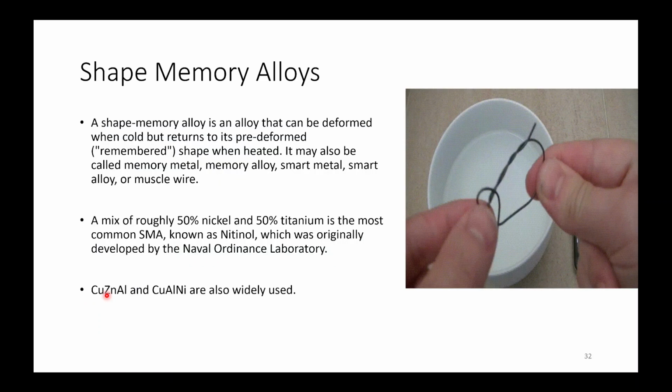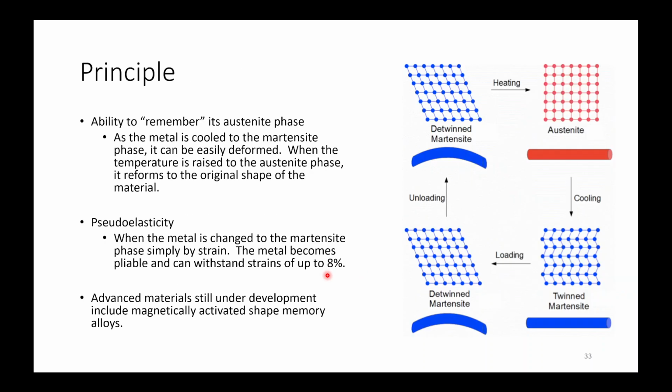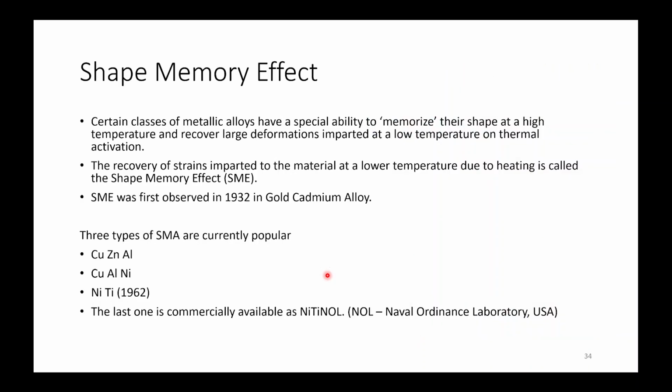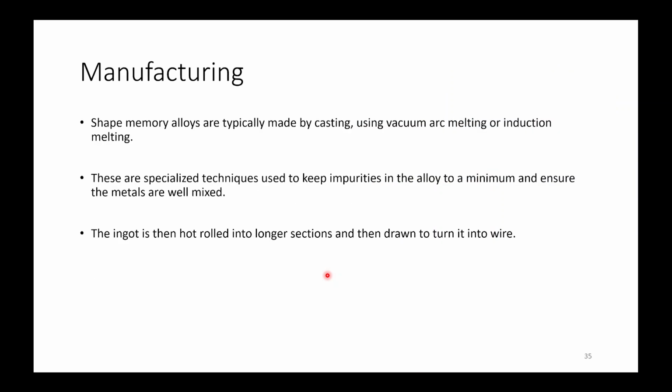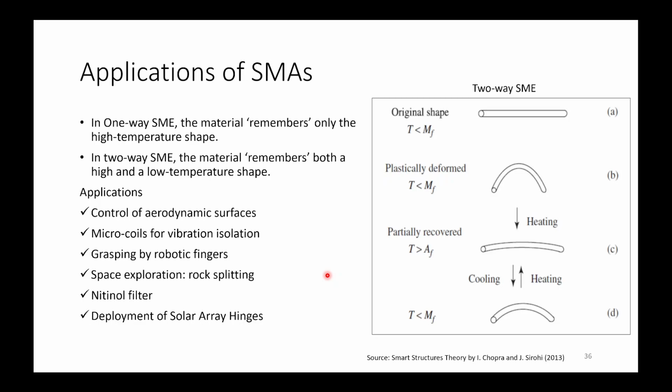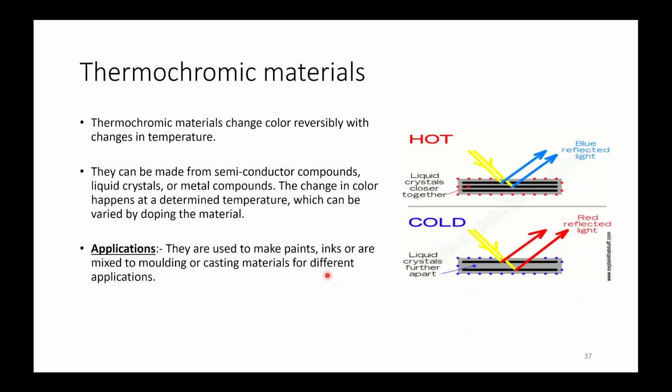Then their differences. Then we talked about shape memory alloys, principle of shape memory alloy, shape memory effect, their examples, how they are manufactured, and what their applications are. There are two types, one-way effect and two-way effect.